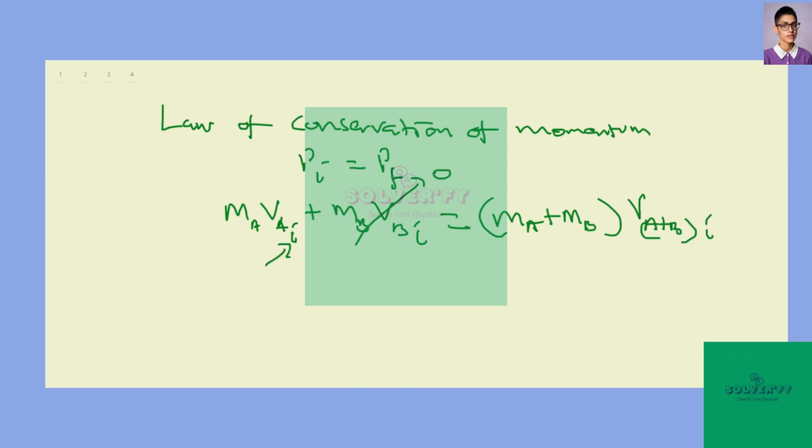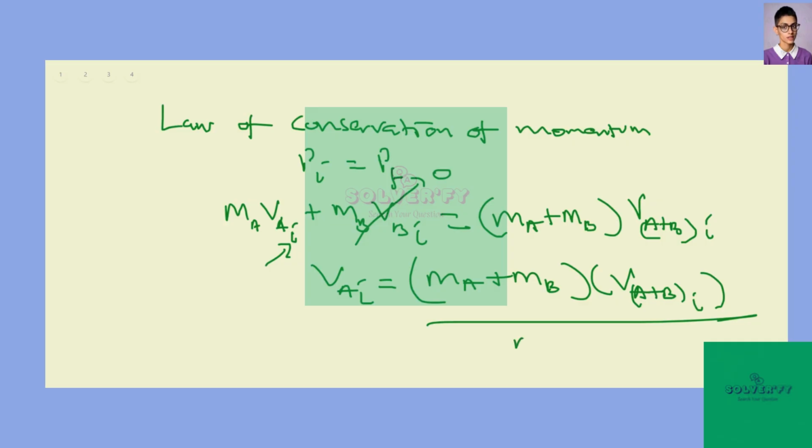And so our target is to get the initial velocity of a. We have mass of a plus mass of b times the combined initial velocity before they stop, over the mass of a. We plug in the numbers.